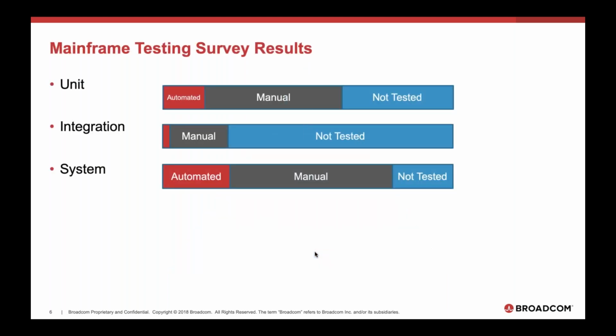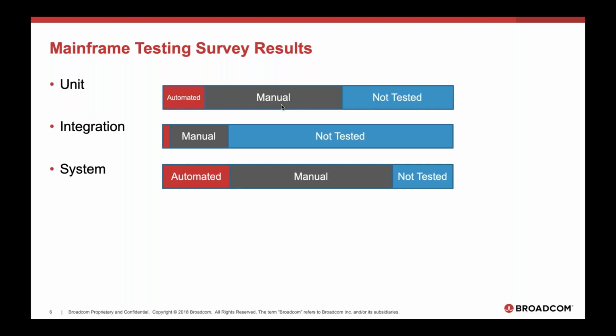So we did a survey with some of our own mainframe customers, and we found that when it comes to unit testing, there's a little bit of it that's automated. A lot of it is manual. For example, the way developers test today is, they make a change to maybe one particular module, and they have some JCL that's able to execute just that specific module.